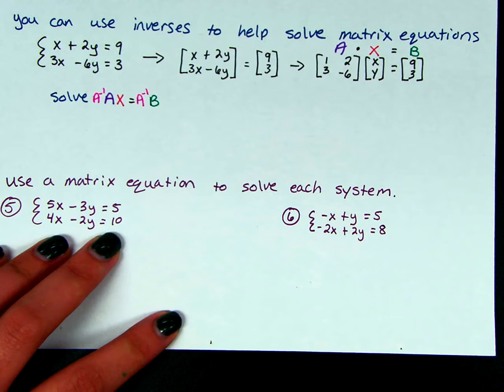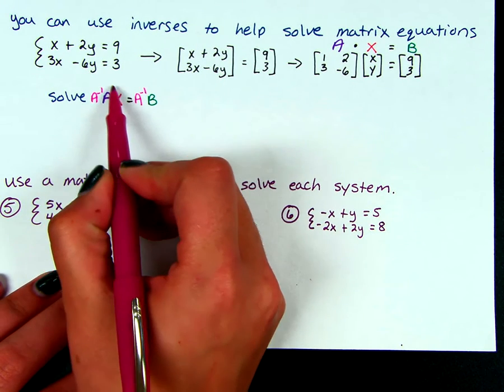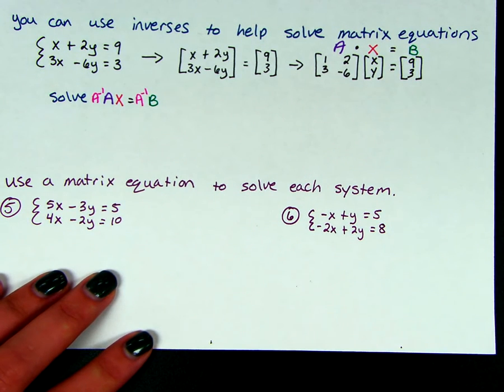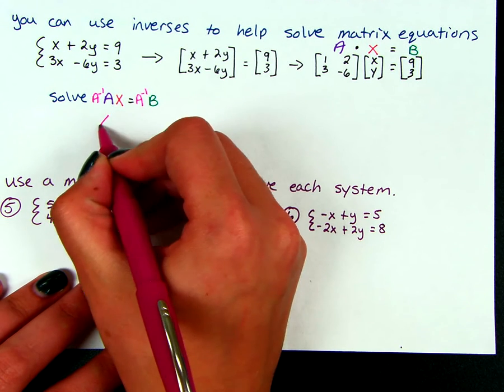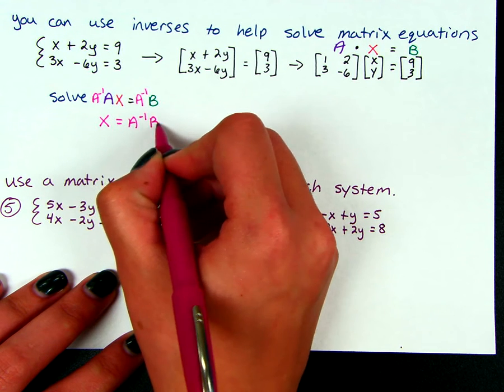Remember, order of multiplication for matrices matters. By multiplying this part, this gives us our identity matrix, which is the same idea as 1. So we would be left with x equals the inverse of A times B.